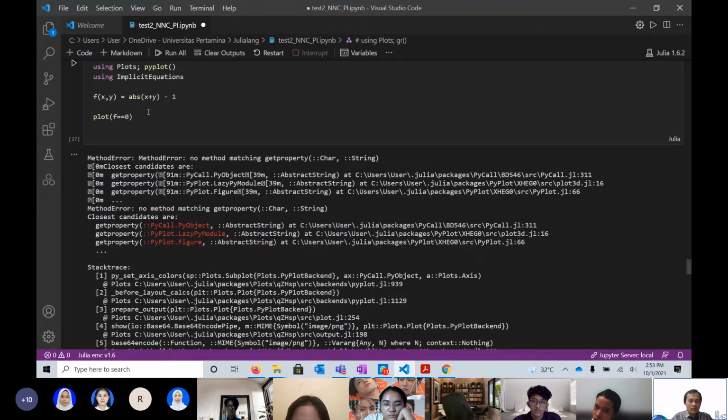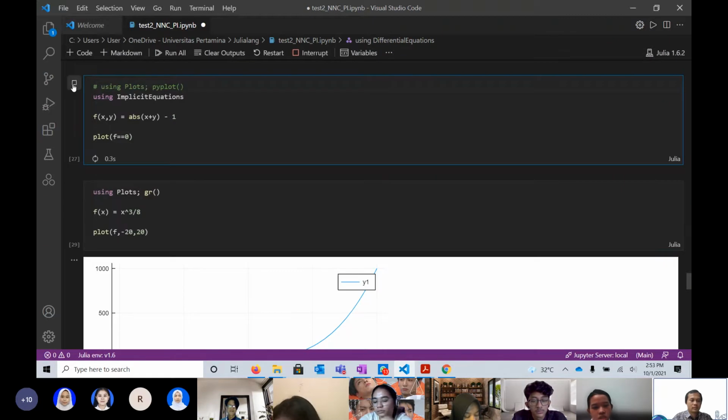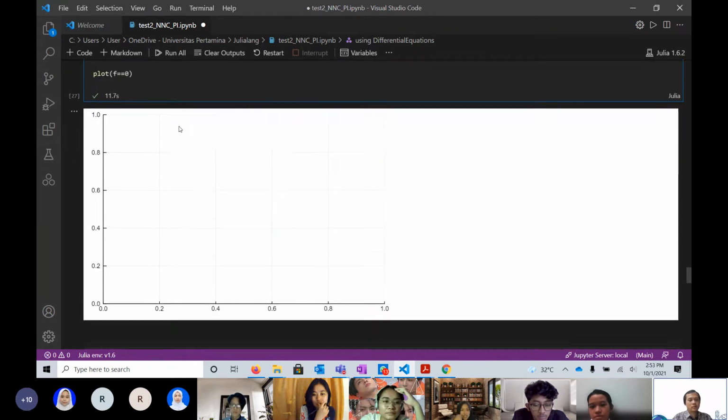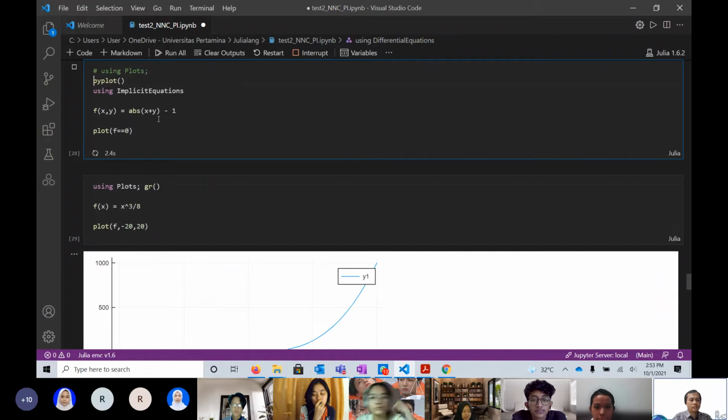Well, yesterday I tried to plot it with implicit equations, but it turns out that there is a problem with my library. Let's hope that we can see the plot.